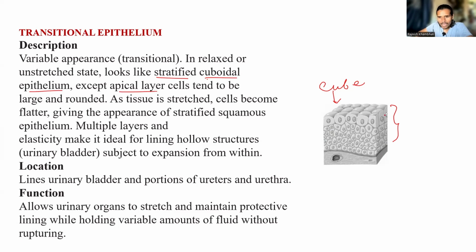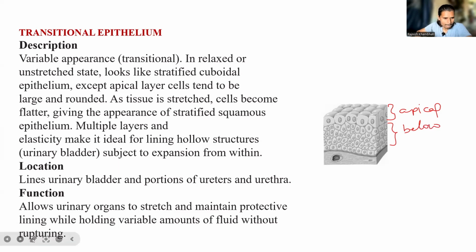See, the above layer is looking different. This is the above layer, which is called the apical layer, and all these are the below layers. This is apical. These are the below layers.